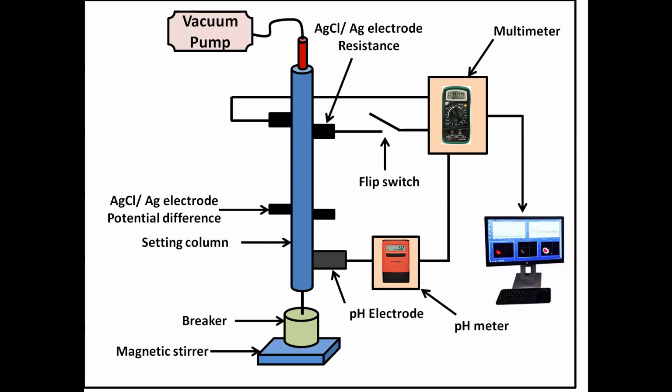This is another picture where you can see there is a vacuum pump. There is a silver Ag electrode which is placed here to measure the potential difference, and there is a column, and there is a beaker, a magnetic stirrer also. So whatever particle or material you want to study the particle size of, you can stick this side, this beaker, and this tube will capture the image, and then this image will go to the processor, and you will measure the particle size.